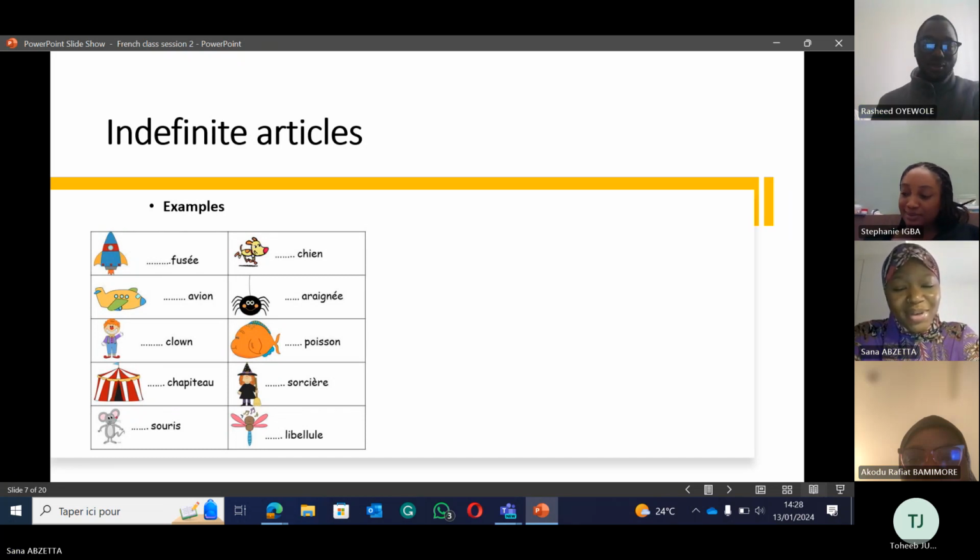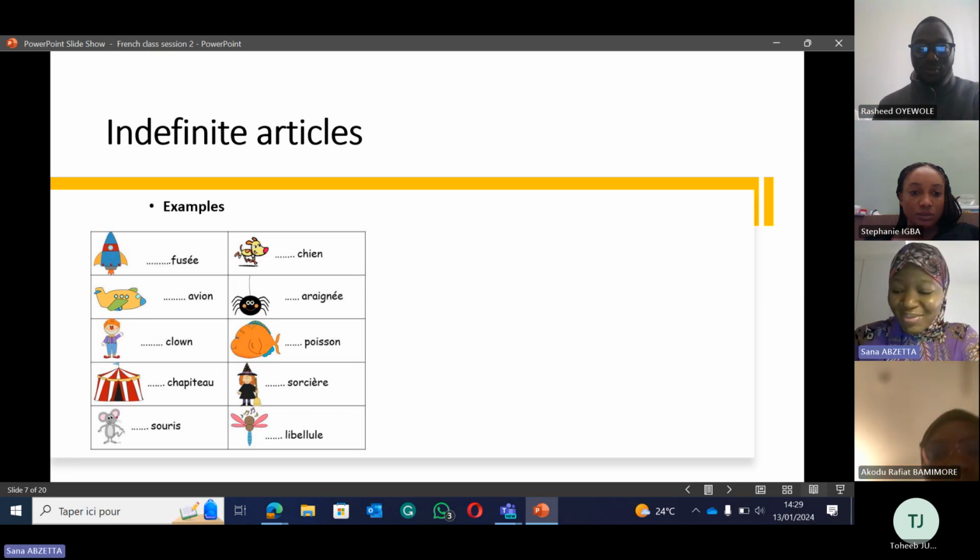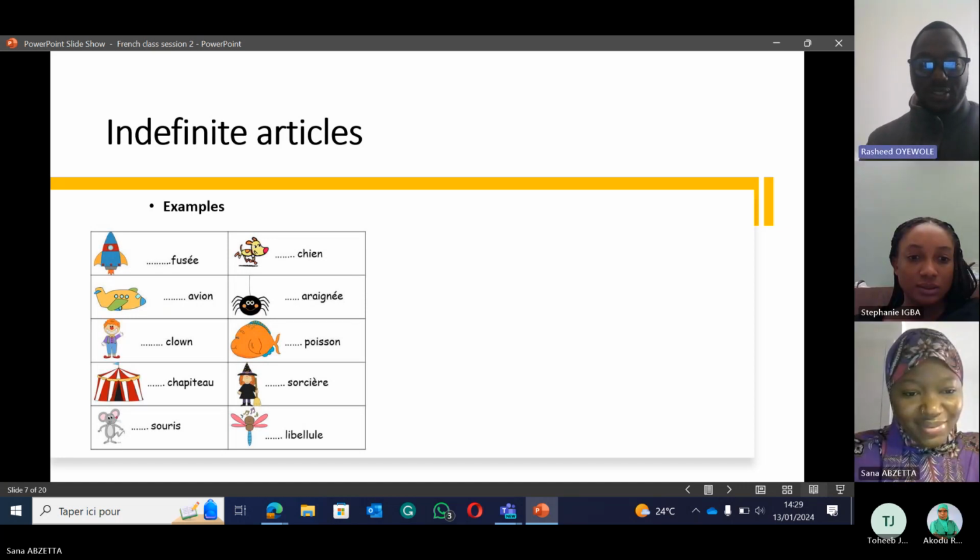Let me try. Un fusée. Un avion. Un clown. Un chapiteau. Un souris. Un chien. Un araignée. Un poisson.